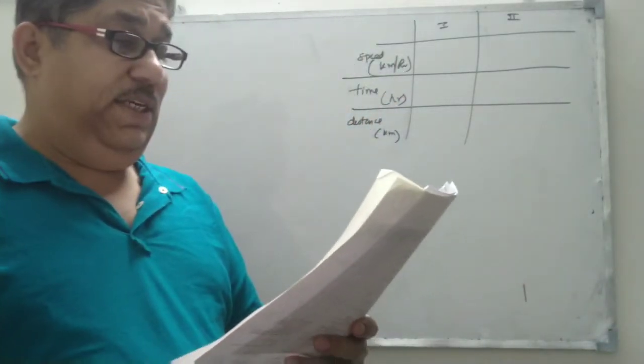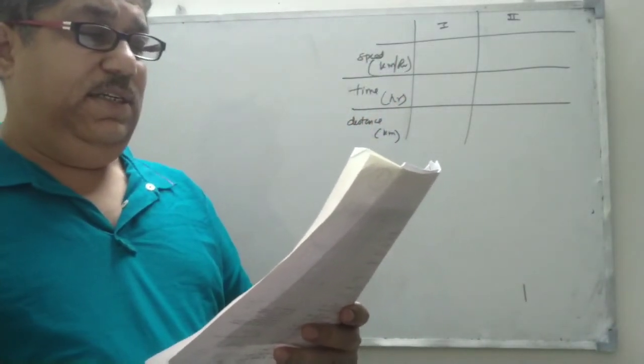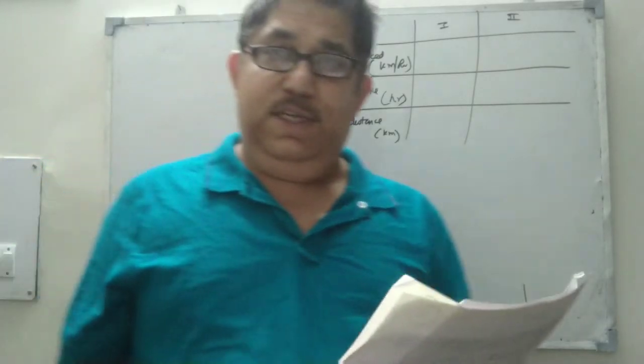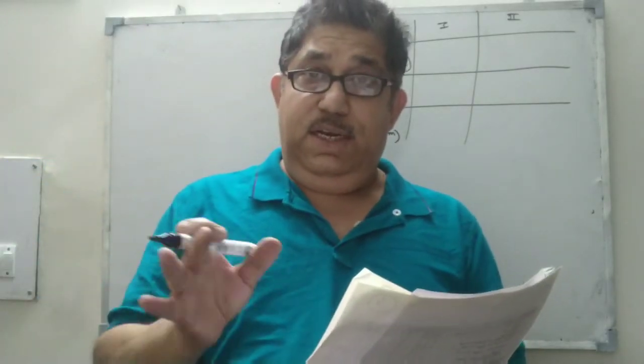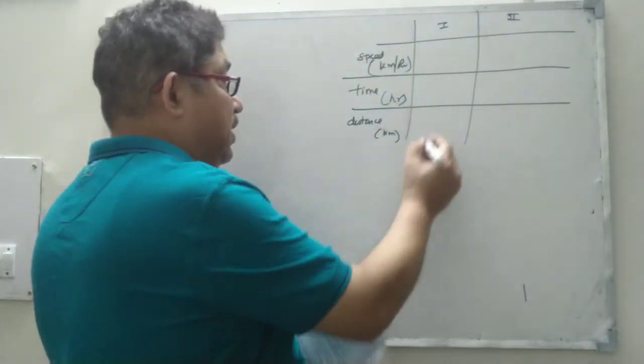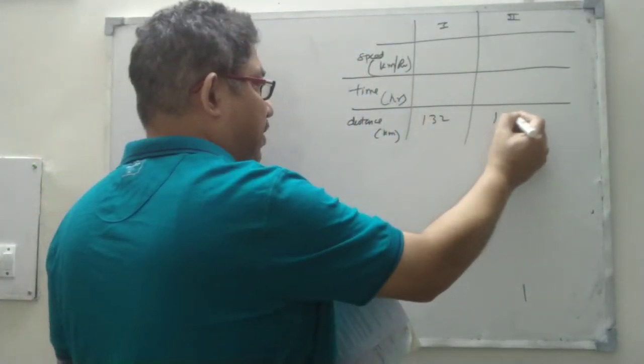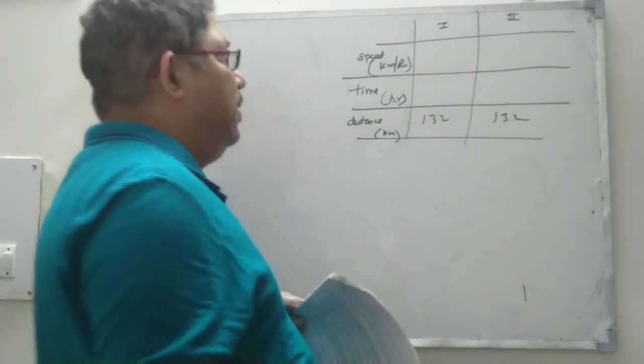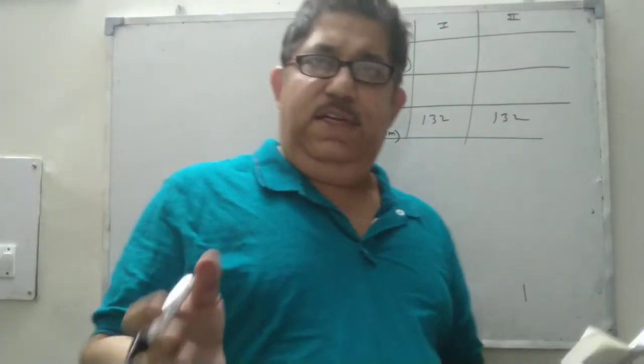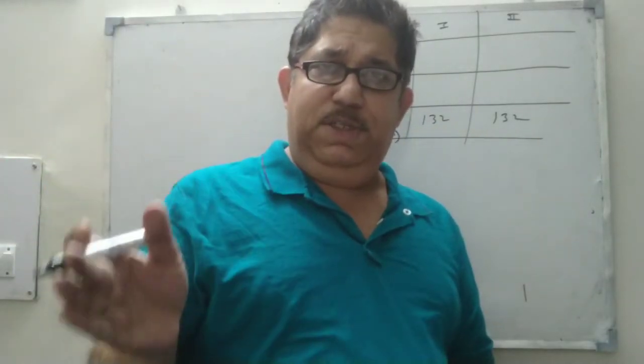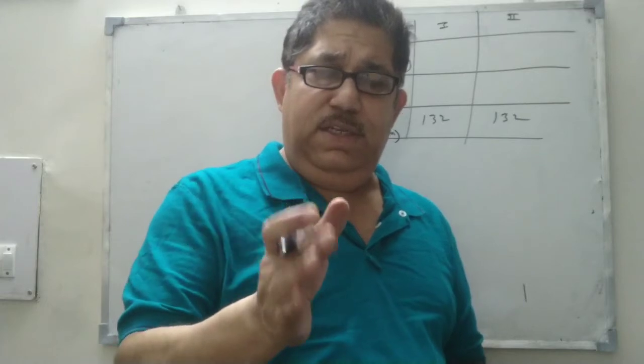Right? So question says, express train takes 1 hour less than the passenger train to travel a distance of 132 kilometers. So this distance is 132. Express train takes 1 hour less than passenger train.